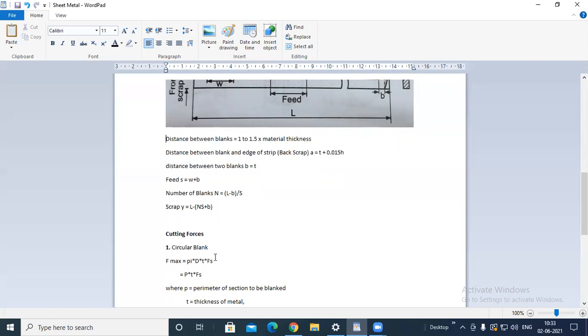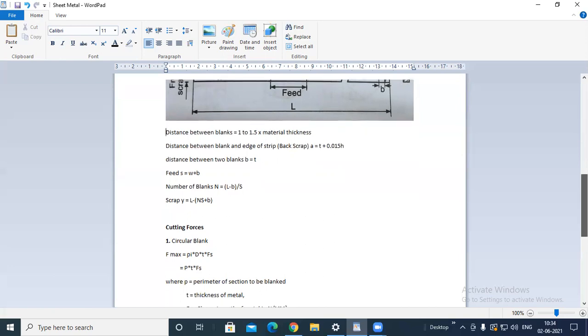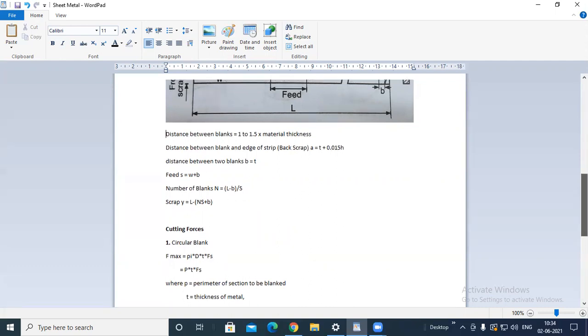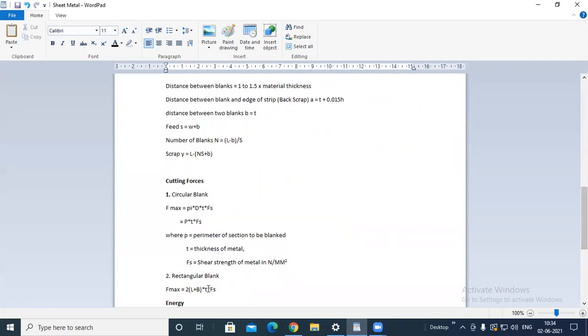Now, if the blank is rectangular, at that time, what will be the formula? Any idea? Anyone want to tell me? So, if the blank is rectangular, then the formula will be 2 into L plus B into T into Fs.